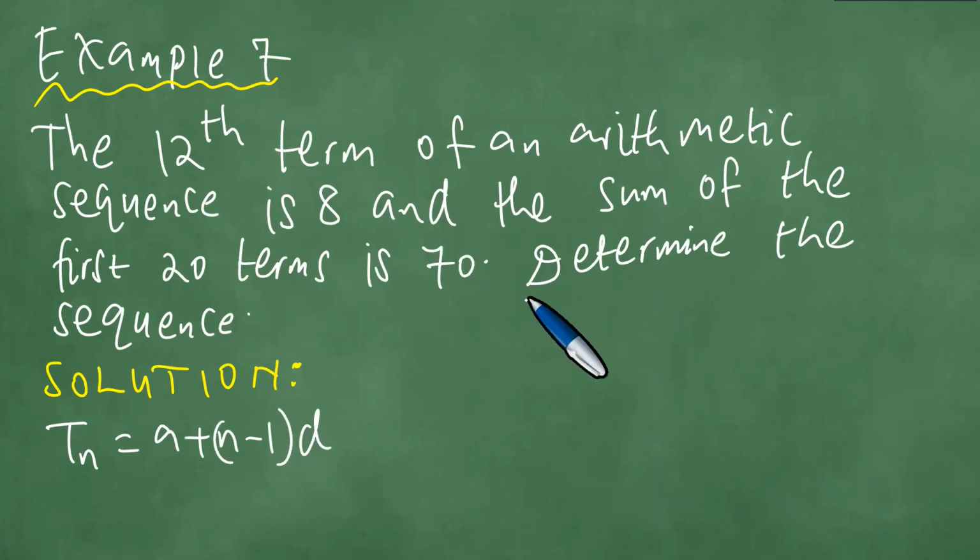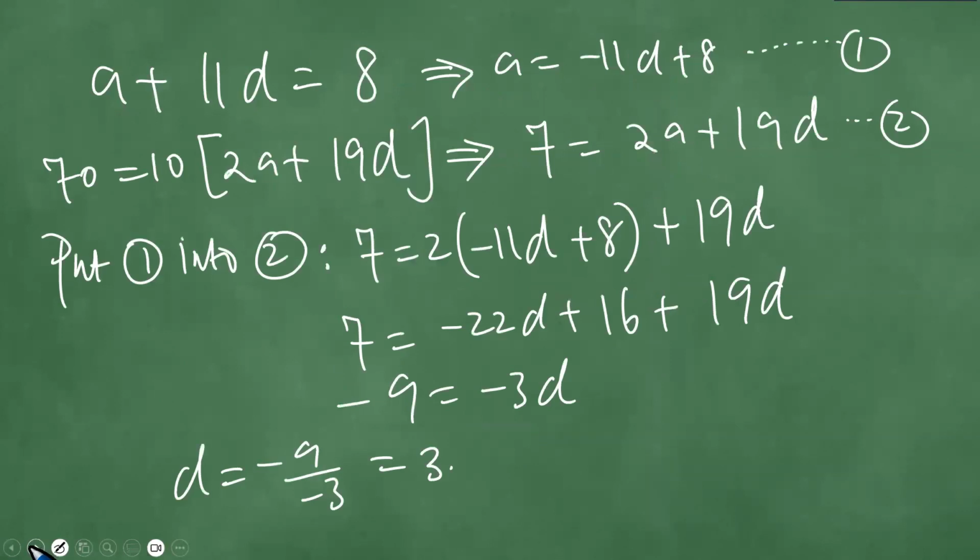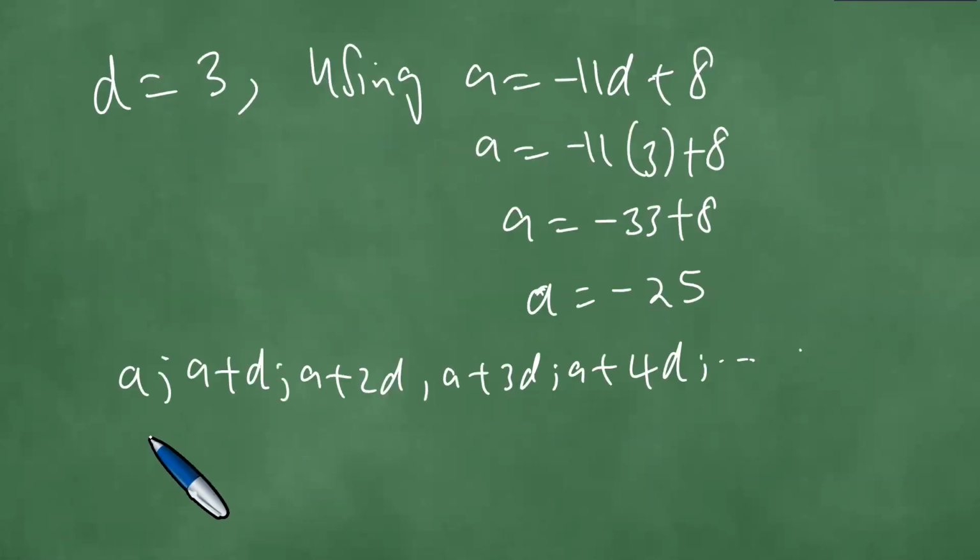Now we need to find the sequence, so we can list some of the terms. What is the first term? Minus 25. Then you have a plus d, which is minus 22.